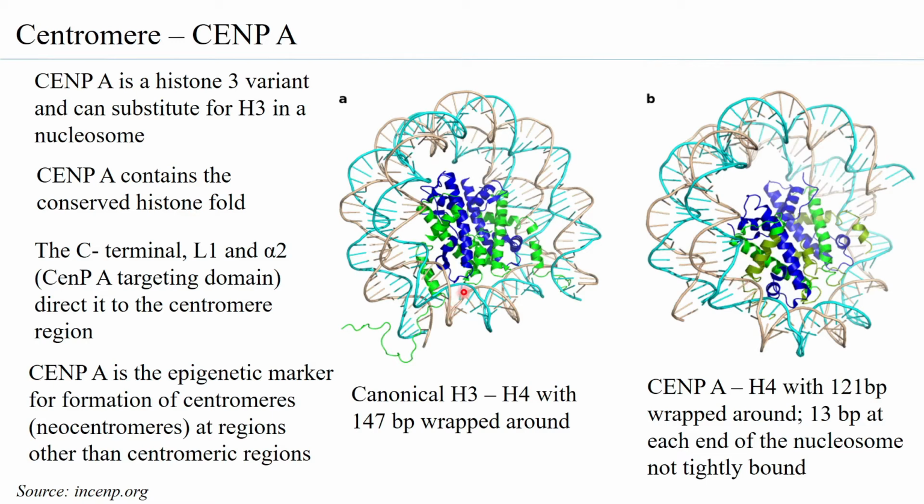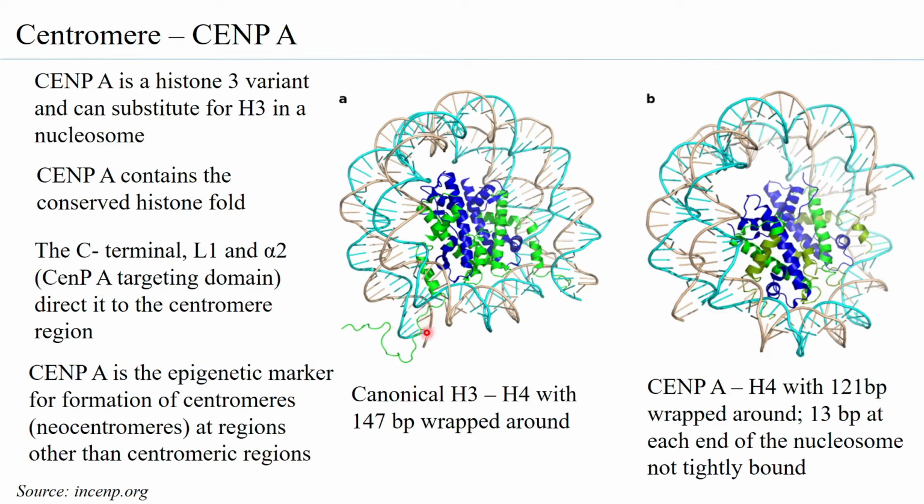Where you have 147 base pairs wrapped around the normal canonical nucleosome core particle, in case of a CENP-A H4 nucleosome core particle, you have only about 121 base pairs wrapped around. And you will find that at the exit and the entry, you would have about 13 base pairs over here and 13 base pairs over here that is not associating with the nucleosome core particle. So they are more open.